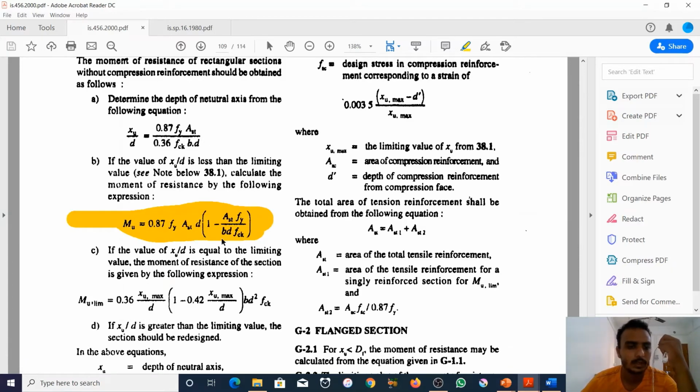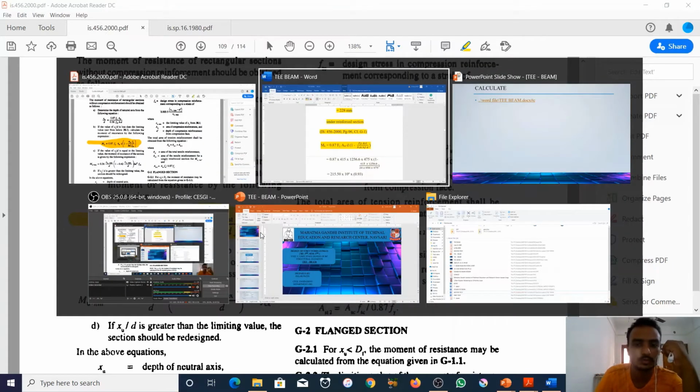Look at here: 0.87 Fy capital AST into D into 1 minus capital AST Fy upon BD FCK. Okay, this equation we have to follow.